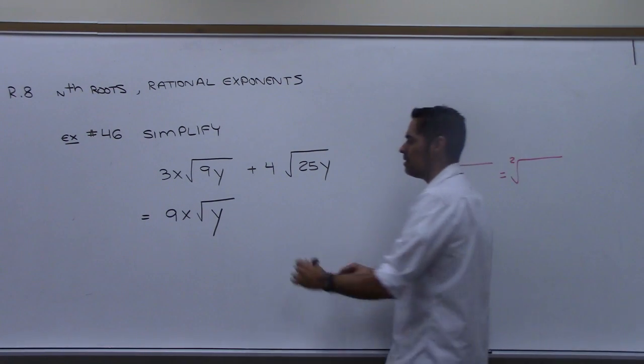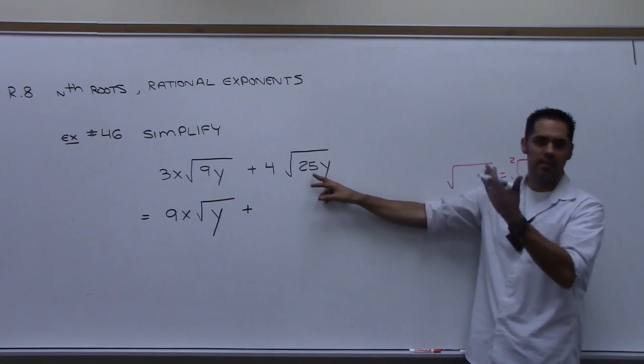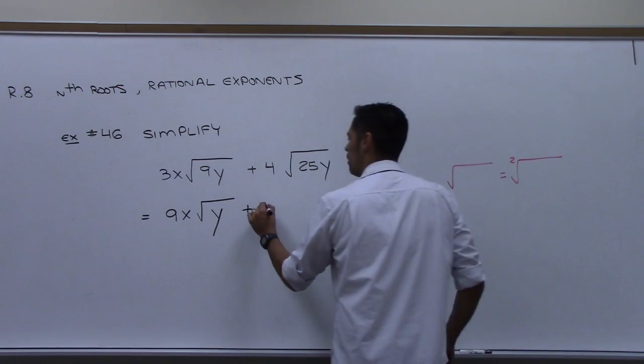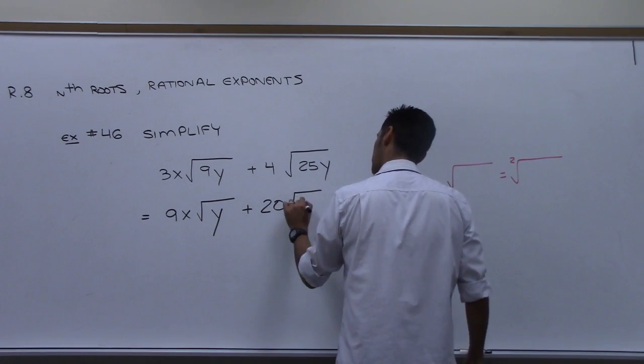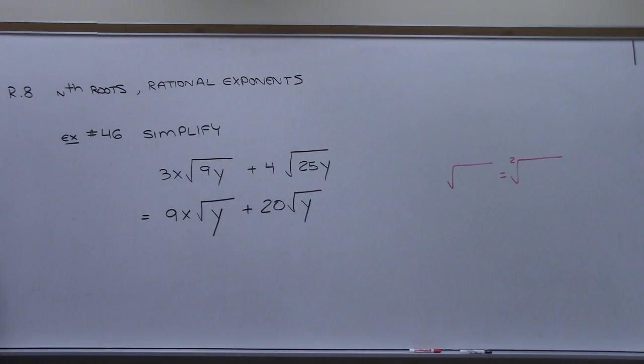Okay, plus 4 times... and then again, 25, we can pop a 5 out of this, multiply 4 and 5, 20. So 20 root y. So we can combine these two together because they're the same root.